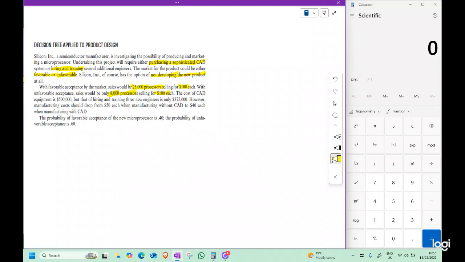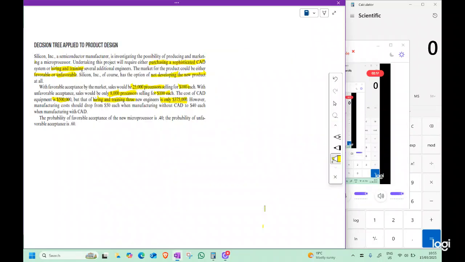The cost of CAD equipment is $500,000, but the hiring and training option, hiring and training 3 new engineers, is only $375,000.